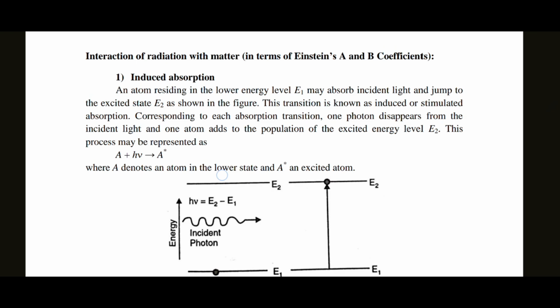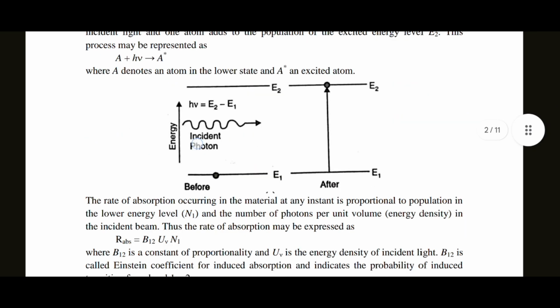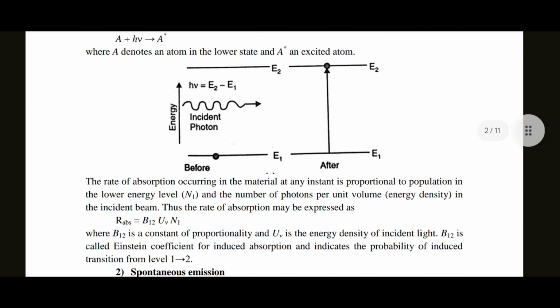Here A denotes an atom in the lower state and A star is an atom in the excited state. As you can see in the figure, E1 to E2, h nu is E2 minus E1, the energy difference.